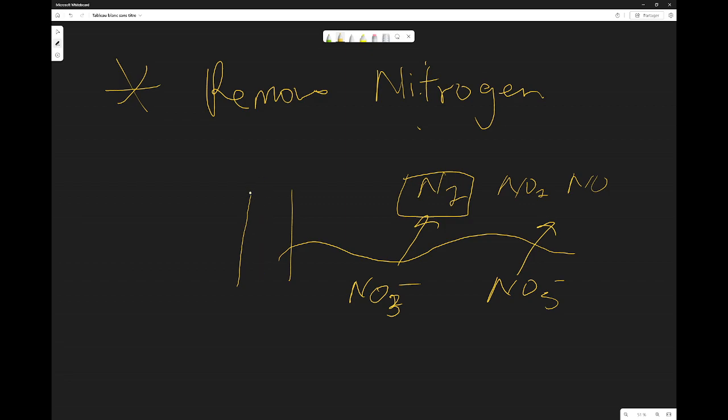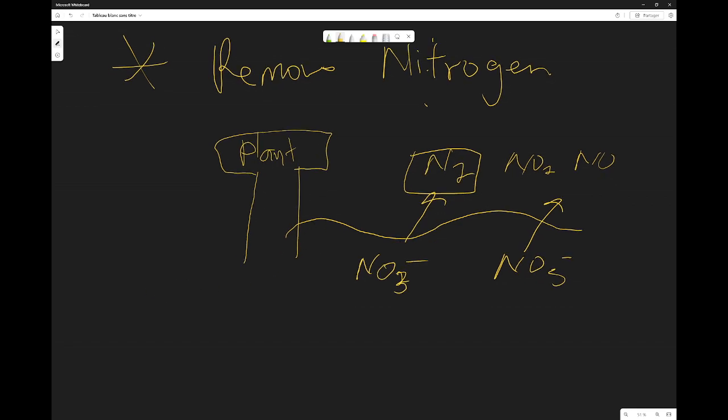So let's say that this is the word plant. Plants will need nitrogen. But note that if denitrification happens at a greater rate than nitrification, the soil is going to be left without nitrogen, so it's not going to be good for the plants.